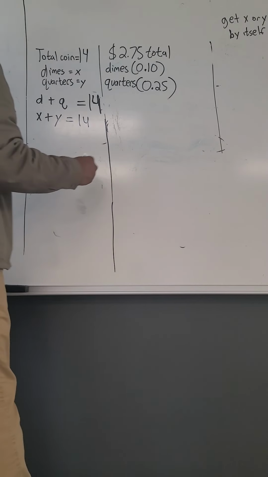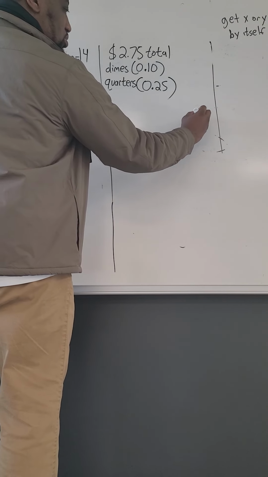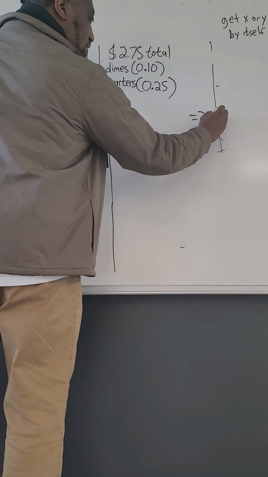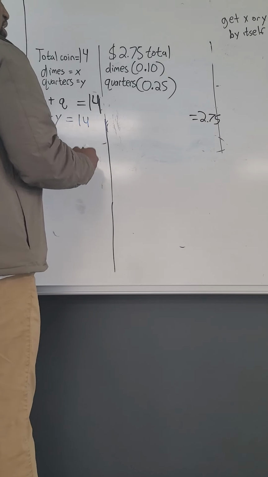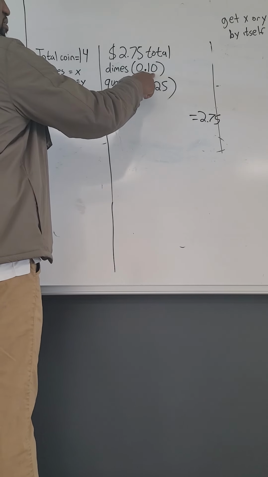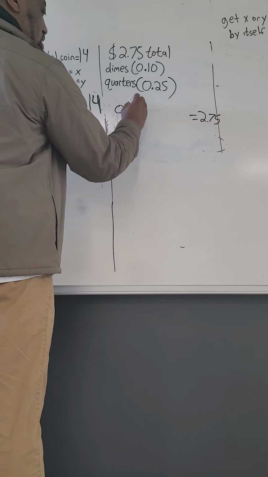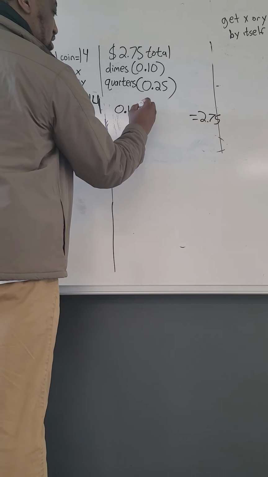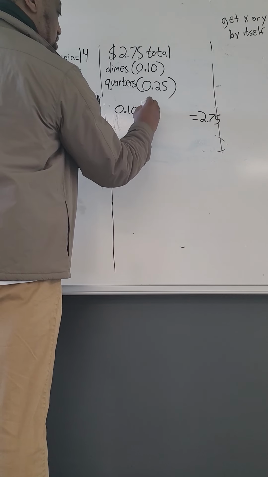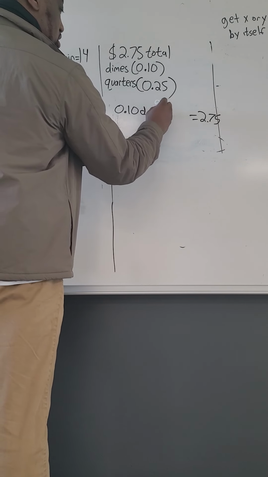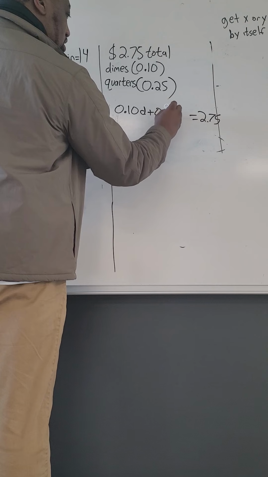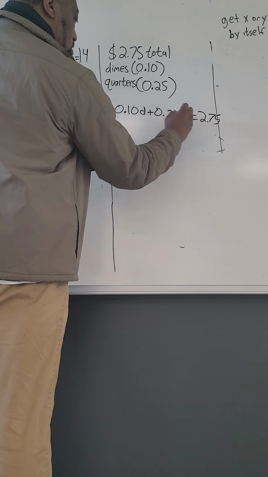Same thing over here, you got your total. So that's going to equal $2.75. Okay? Got your dimes, which actually has the value now, which is 0.10 or 10 cents times the dimes plus the 25 cents times the quarters.